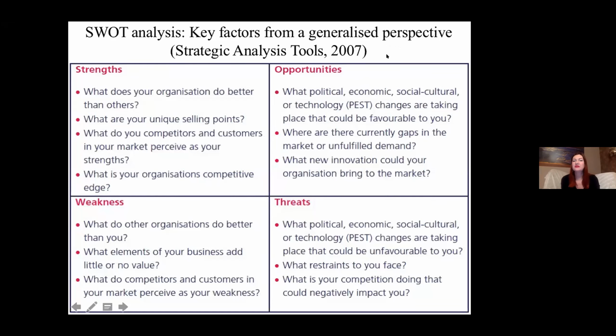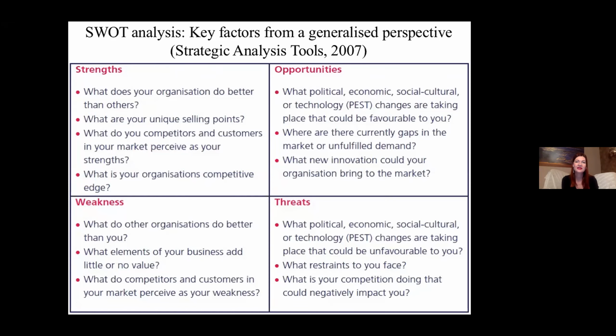Okay, concerning opportunities and threats, it's everything concerning the external part. And you can see here also PEST analysis inside of SWOT. So what political, economic, social, cultural, or technological changes are taking place that could be favorable for you? So what is more important?